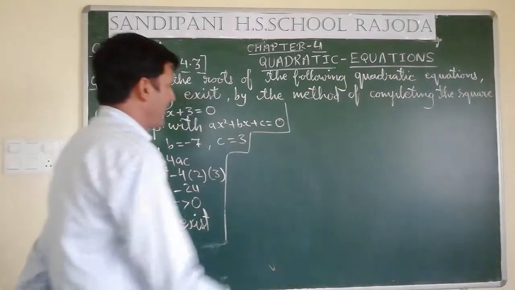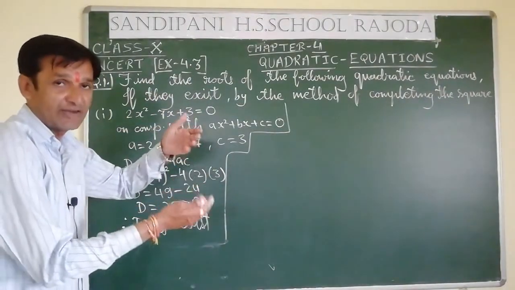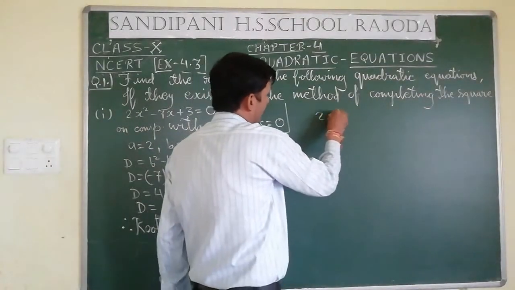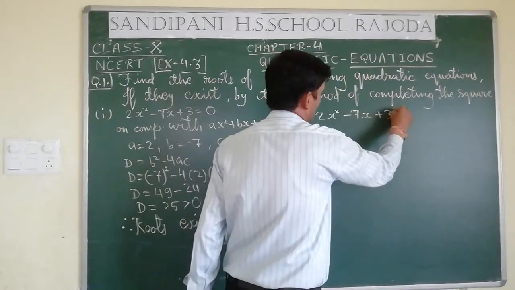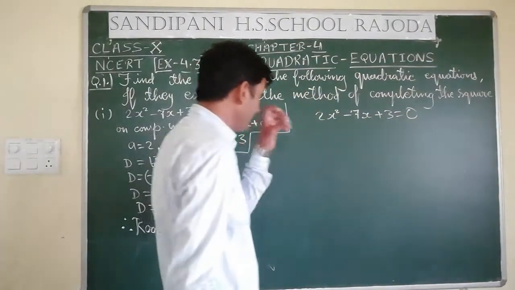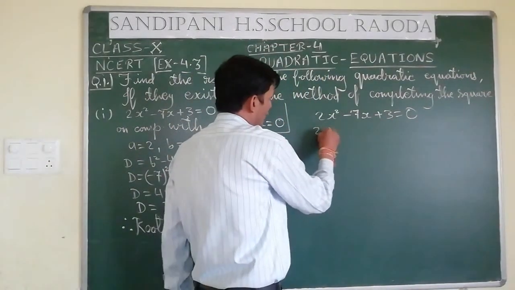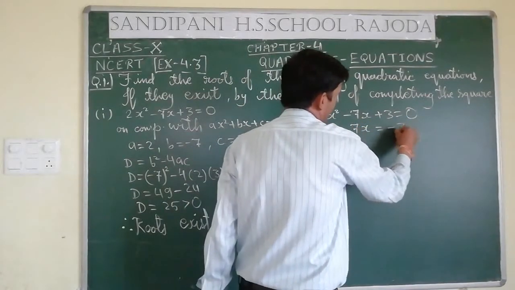Now let us take this equation. By completing the square, we can find the solution of the quadratic equation. 2x square minus 7x plus 3 is equal to 0 is our quadratic equation. For completing the square, let me take the constant term from LHS to RHS. So it will become 2x square minus 7x is equal to minus 3.